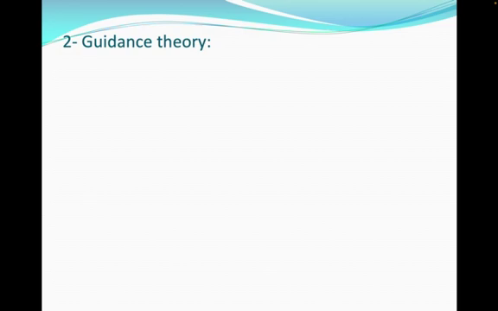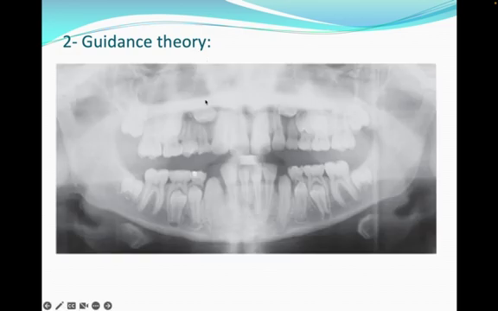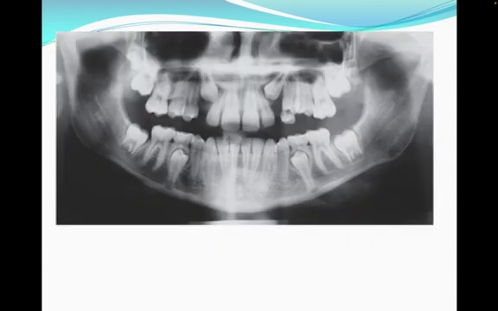The second theory is called the guidance theory. This theory came up after noticing that in the cases where the lateral incisor is either missing or peg shaped, the canine becomes impacted. The theory said that the distal side of the root of the lateral incisor provides guidance for the canine to erupt, and that if the lateral incisor is not here, or it's peg shaped, the canine becomes impacted.